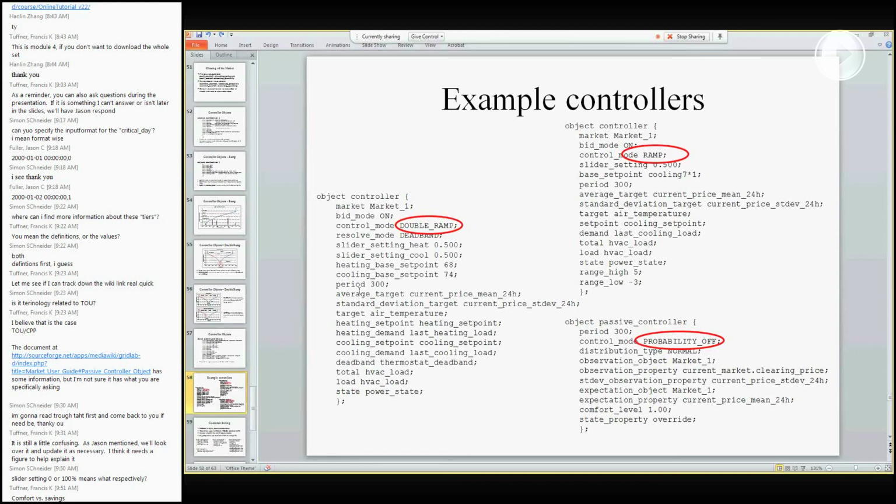Again, it looks like a whole bunch of information, and sometimes it feels that way, but that's why we've set up these examples so that really it becomes a copy and paste issue. Here's a controller for HVAC systems that are on the ramp mode. This is a passive controller that's looking at probabilistic off. In this particular case, it's probably going to be attached to a hot water heater.